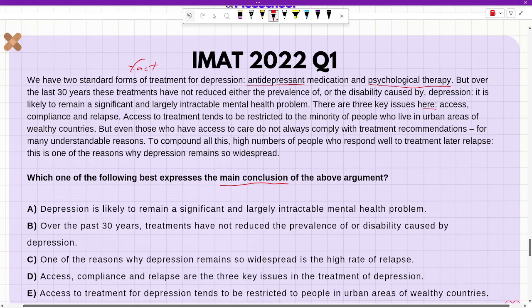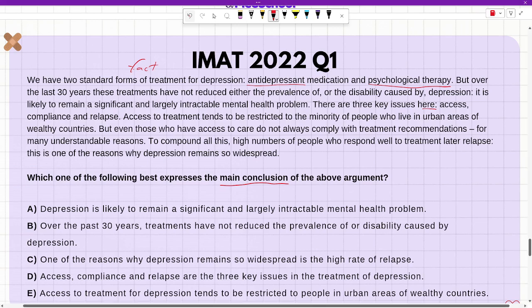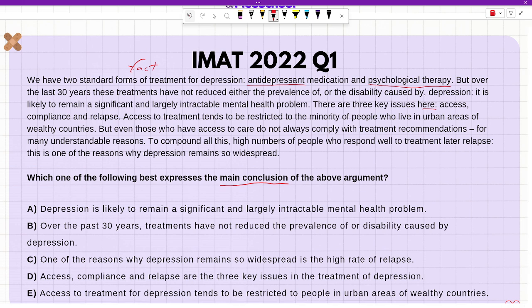All right, access, compliance, and relapse. Access to treatment tends to be restricted to the minority of people who live in urban areas of wealthy countries. But even those who have access to care do not always comply with the treatment recommendations for many understandable reasons.